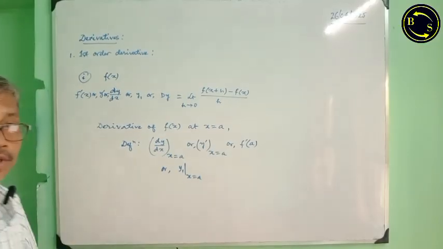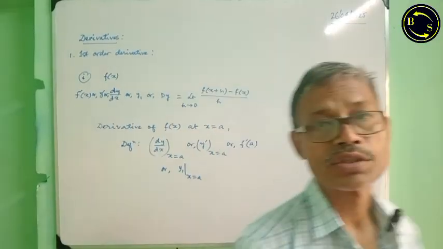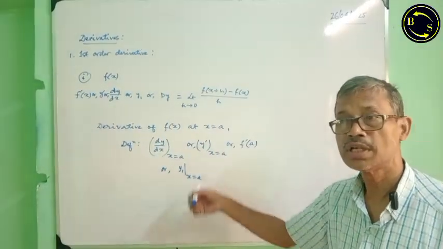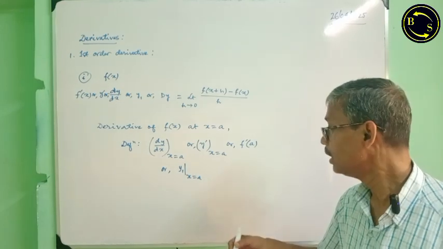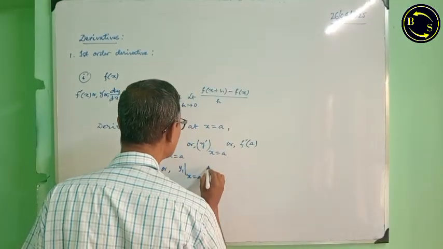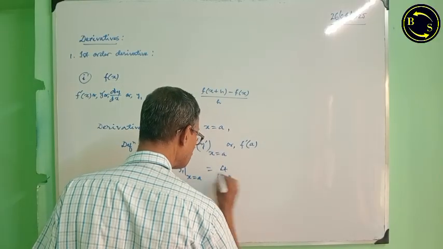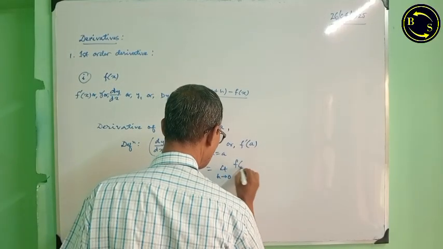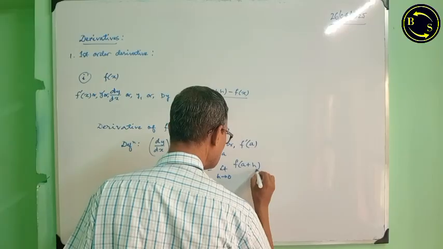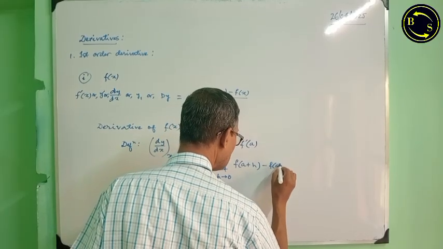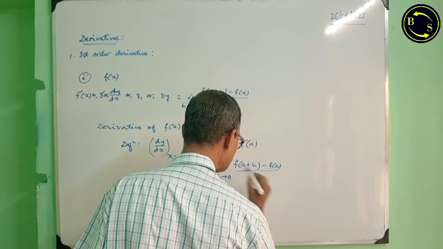These are the symbols used. Students to note, these are different symbols, and that will be equal to limit h tends to 0, f(a plus h) minus f(a) divided by h.